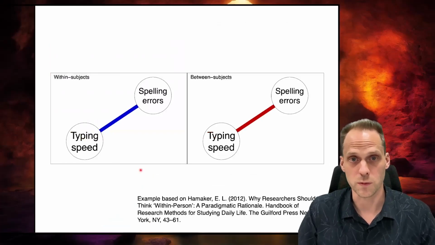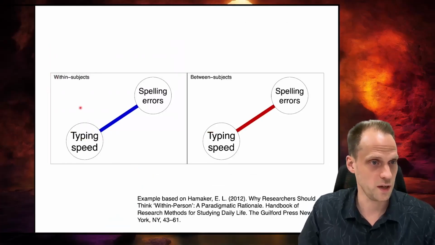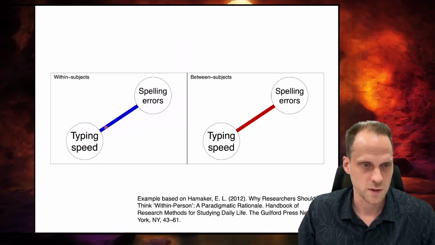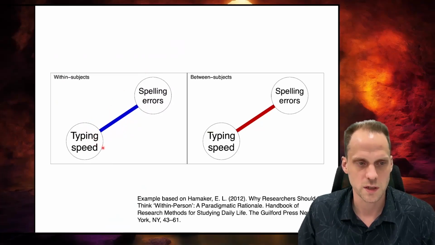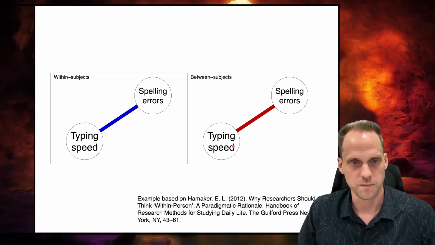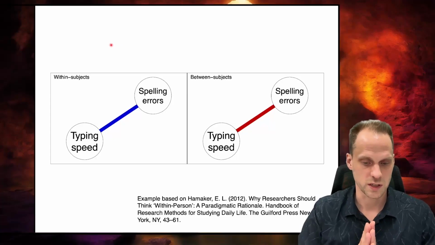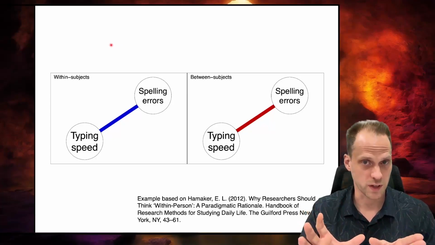So to give an example, here I have two networks, partial correlations, but let's say it's only two variables, so they're correlations. You have a positive effect here and a negative effect here. So if you have only one sample, a cross-sectional data set, we cannot separate within and between subject effects.